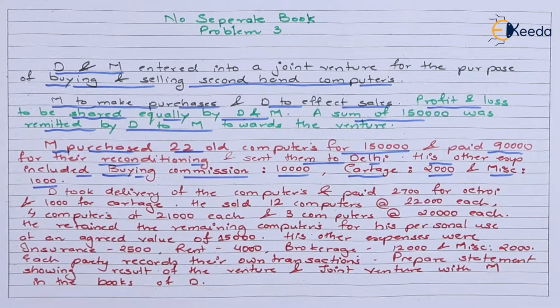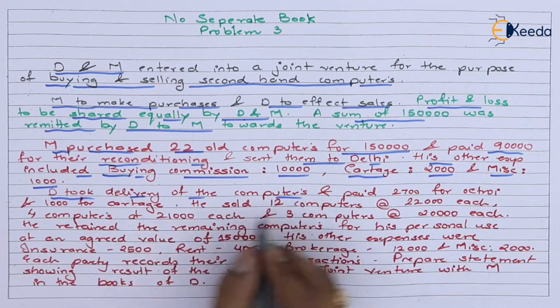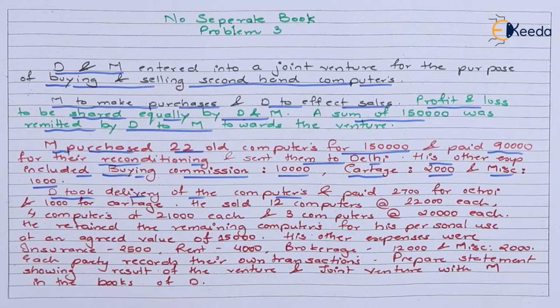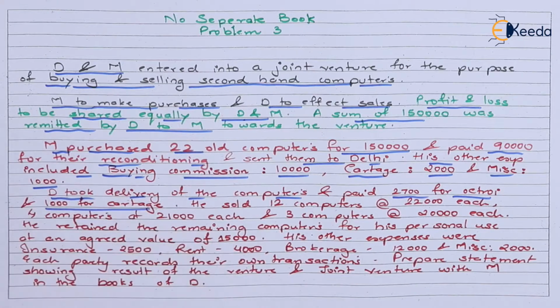that amounted to 1,000. Apart from that, once D took the deliveries, he paid 2,700 for octroi, 1,000 for cartage here. That means once he took the delivery of those goods, he paid that much amount as his expense.